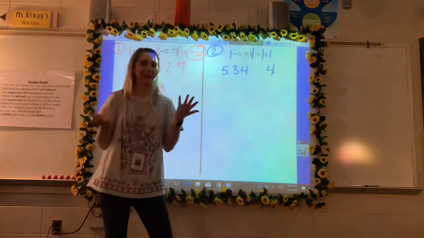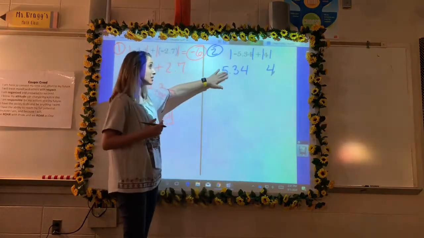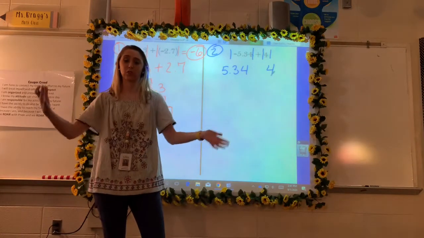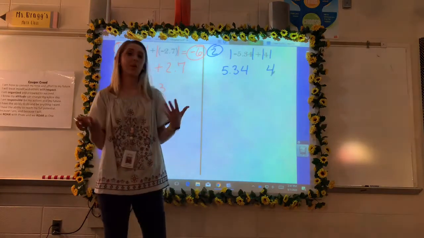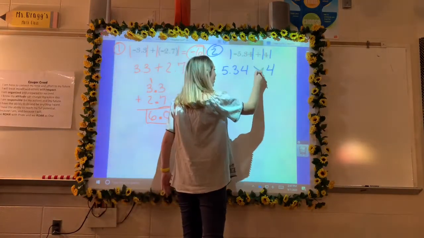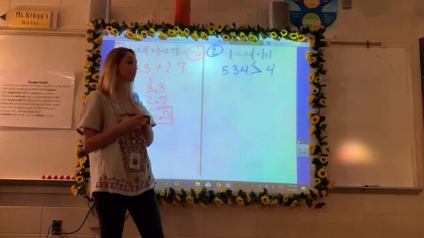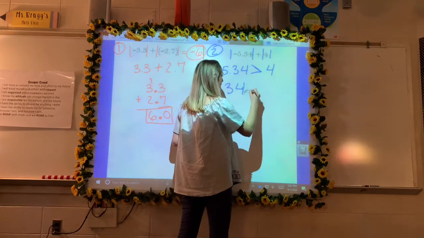Now, we got a problem. We got different signs. So out of these, which one has the greatest absolute value? So which one's distance is further from 0? So would you rather have $5.34 or $4? We want that $5. So we are subtracting because signs are different, and we're going to be doing 5.34 minus 4.